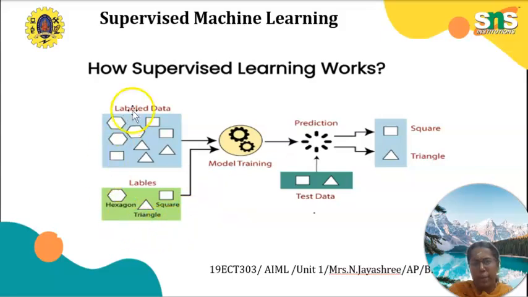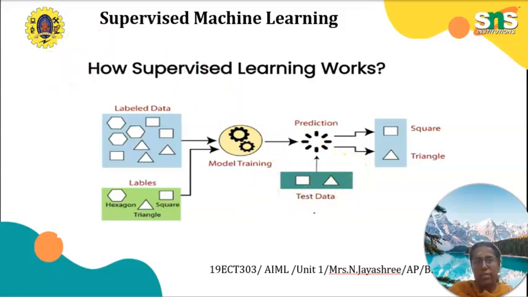So if there are many inputs and we test the data with only two inputs, the two outputs will come. This is the test data. With multiple inputs, we can get two outputs with the two test data.